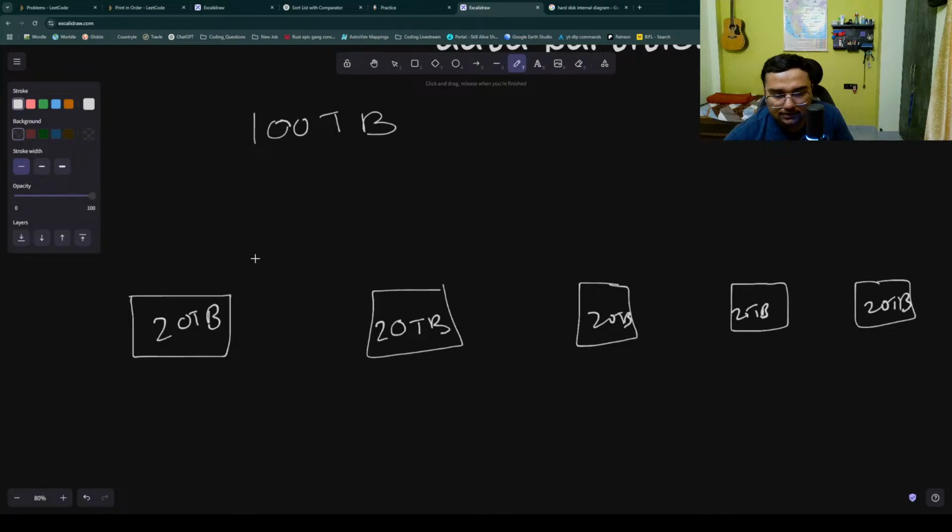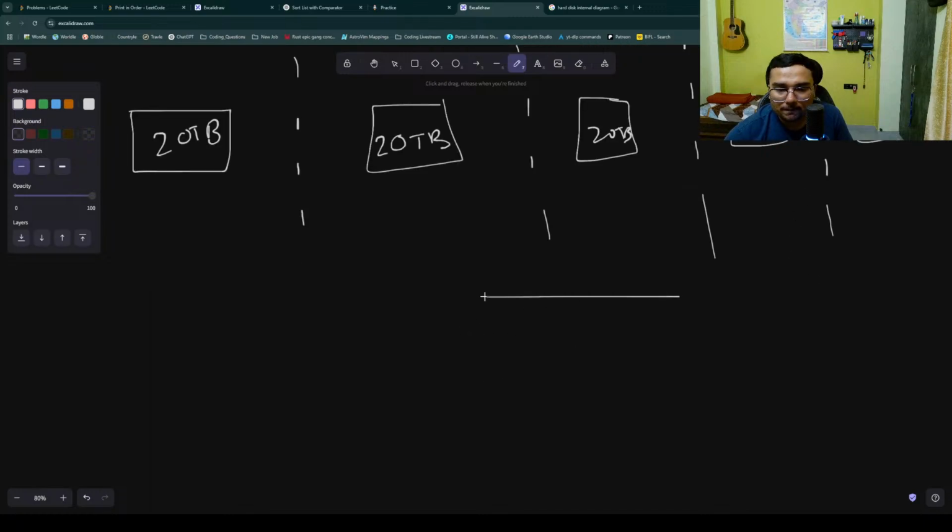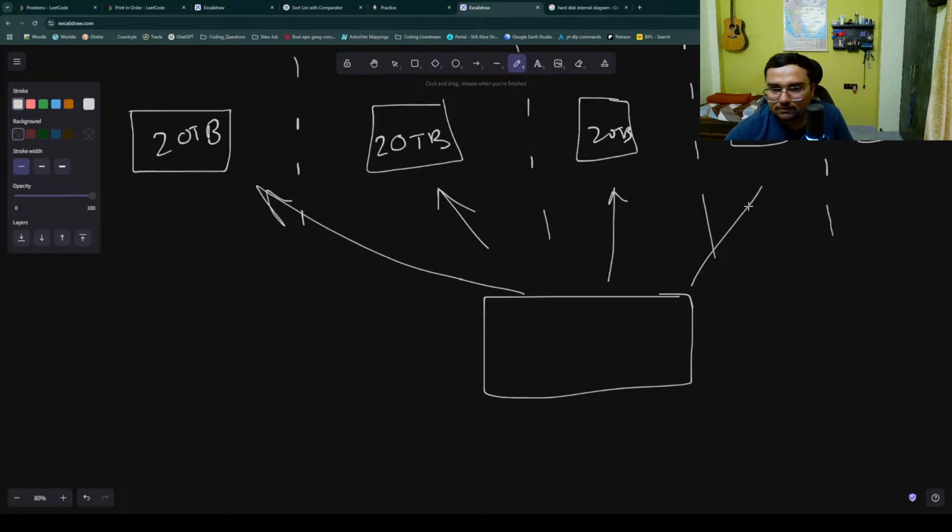Now the point is these servers are in different locations. They are not connected to one compute device which can access these drives, which is our application, API, or our app server.